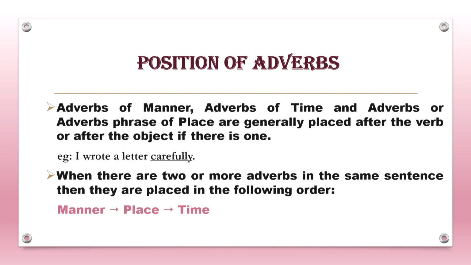Adverbs of manner, for example, slowly, carefully, beautifully, etc. Then adverbs of time, for example, tomorrow, yesterday, today, now and so on. And adverbs or adverb phrases of place like here, there, everywhere, on the wall, at the door, etc. are generally placed after the verb or after the object if there is one.